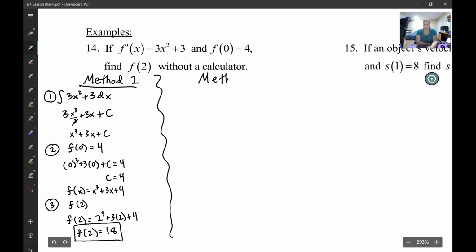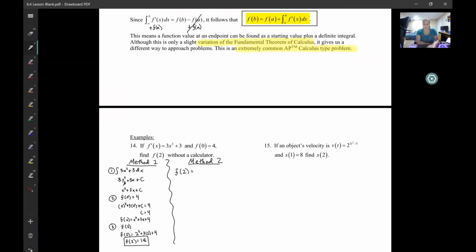Now let's talk about method 2, which uses the start plus accumulation. So that law says that if I want to find f of 2, let's zoom out again so we can kind of see it up there. Actually, better yet, let's copy it down up here so we can use it for all our problems. There we go.